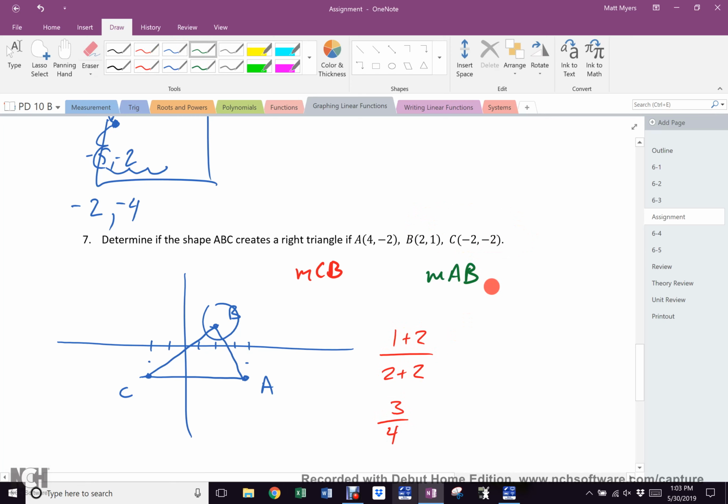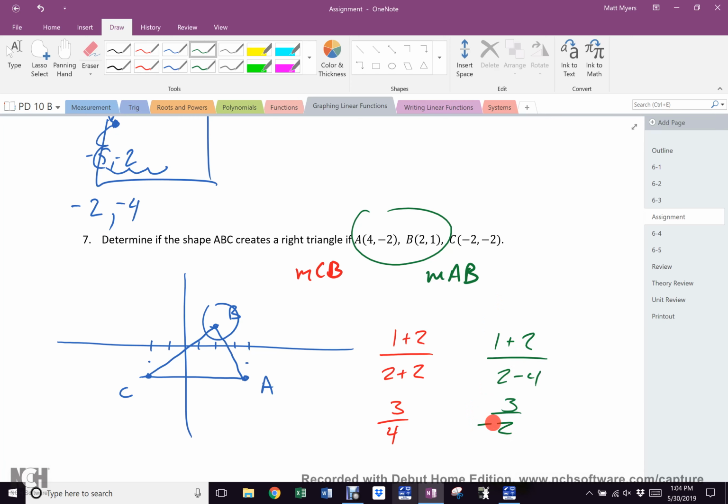AB, I check it right there. 1 plus 2 over 2 minus 4, 3/2. Are they opposite? One of them, 3/2. Are they opposite reciprocals? So is that a right angle?